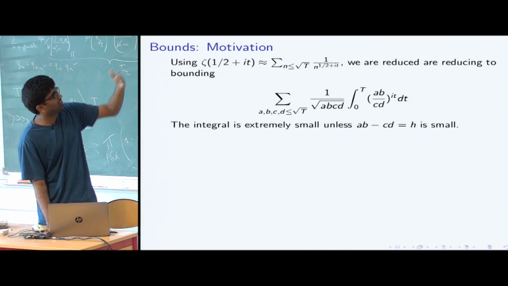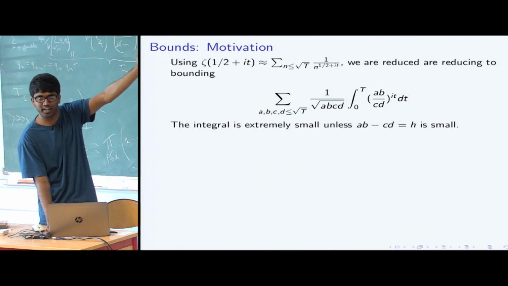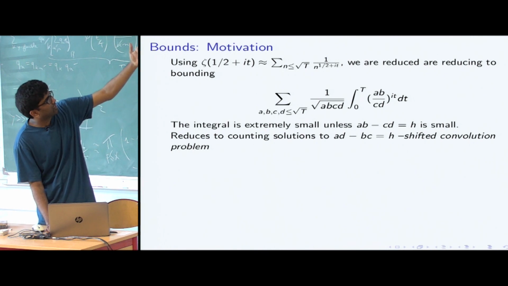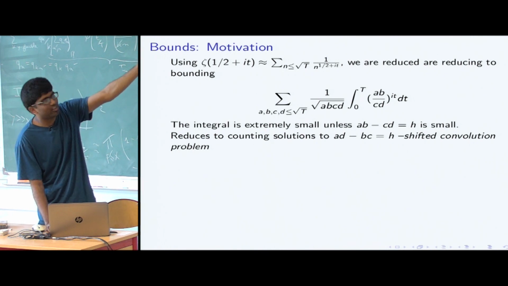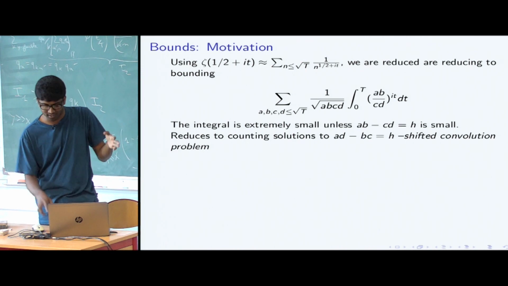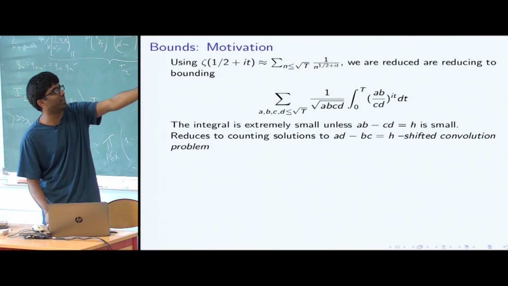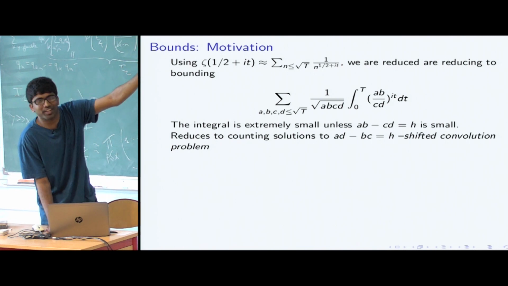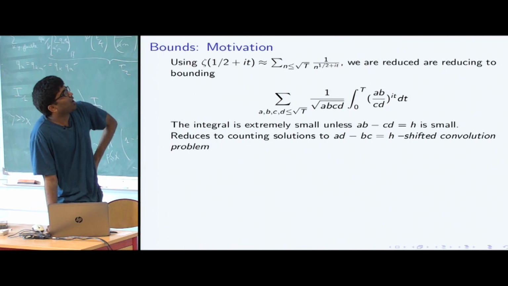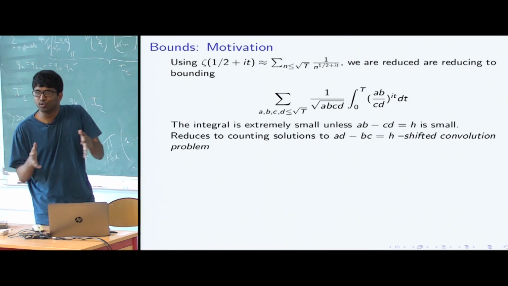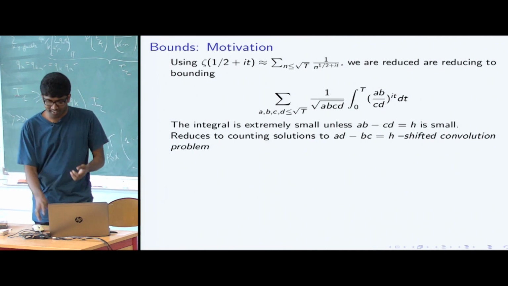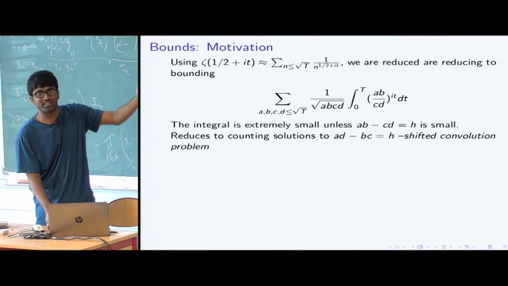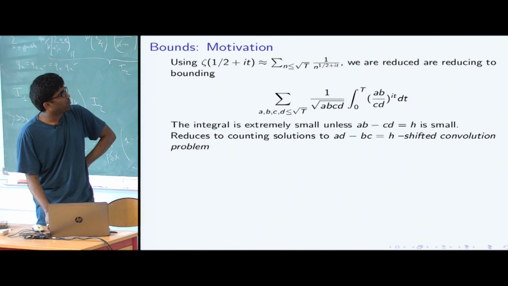So the sum is reduced to cases where ab minus cd is small. We are reduced to finding solutions to this equation, ad minus bc equals h. You notice this is like the determinant equation, and you want to count the number of integer points satisfying it. Okay.